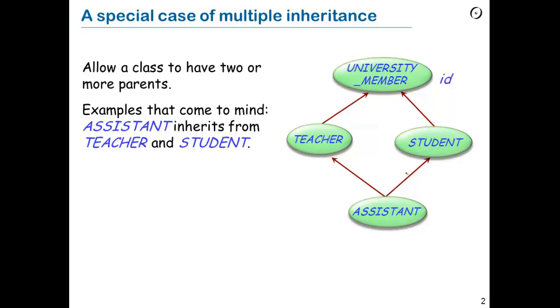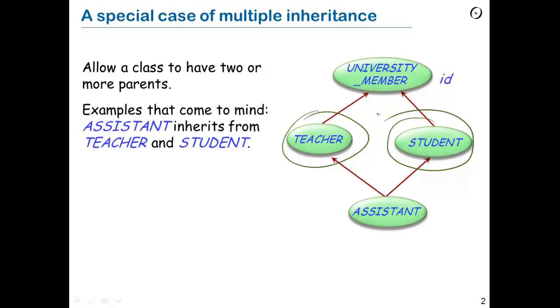We have a notion of university member, and a university member has an ID. This class might have many other features, but I'm taking just one feature as an example, ID. Then there are two kinds of university personnel, a teacher or a student.